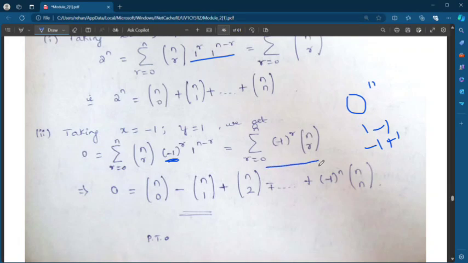The 1 terms will go off, remaining is (-1)^r. So we get 0 equals nC0 minus nC1 plus nC2, so on up to (-1)^n nCn. In the same way it is proved. The last term: first r will be 0, then 1, so on up to n itself. Instead of r you write 0, so (-1)^0 is 1, 1 into nC0.